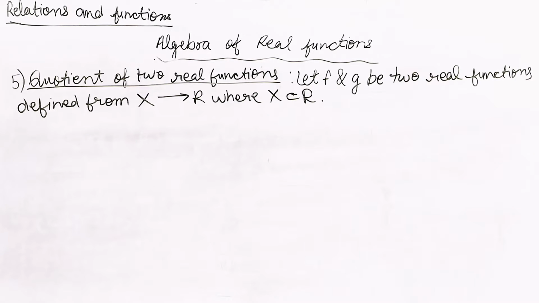So the quotient of f by g, denoted by f upon g, is a function. How am I going to define it?